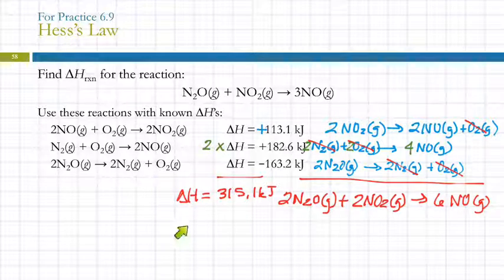Yeah, so now I've got this for this reaction. I need to divide this by 2, so we'll divide all of these by 2. That goes away, and this becomes a 3.